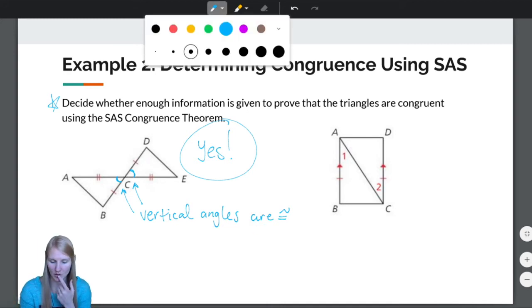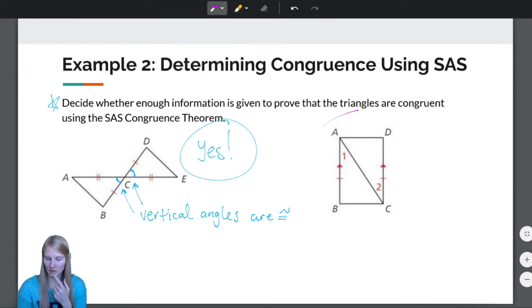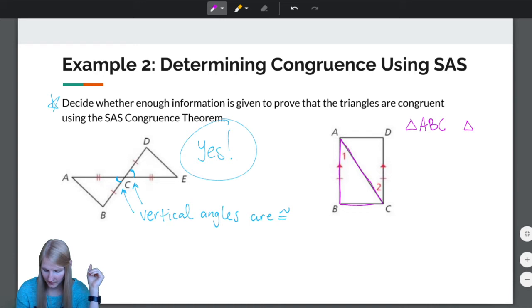All right, I'm going to get a new color, and let's look at the second diagram. Now, we are looking at these two triangles. And in fact, let's name them. We're looking at triangle ABC and triangle, let's see, we have to go in the same order, ABC and CDA.